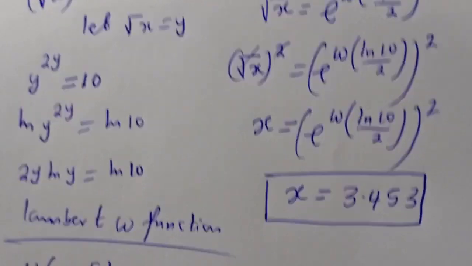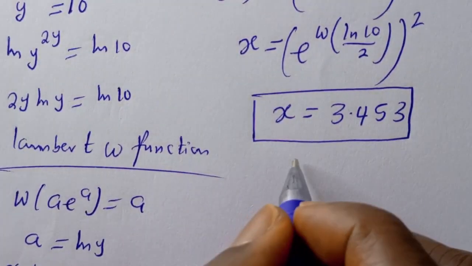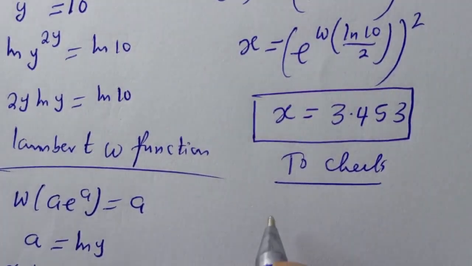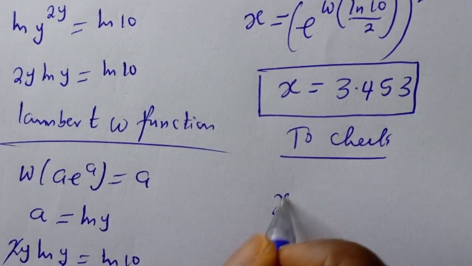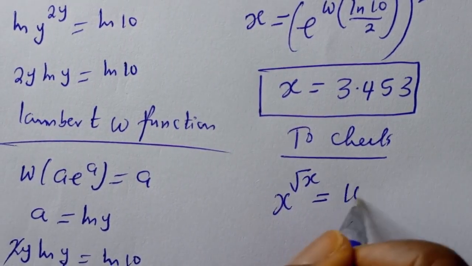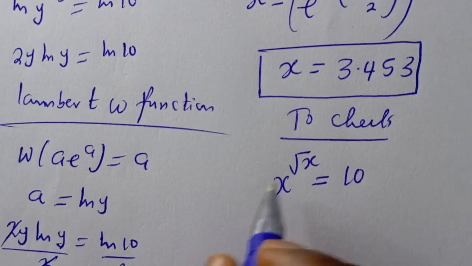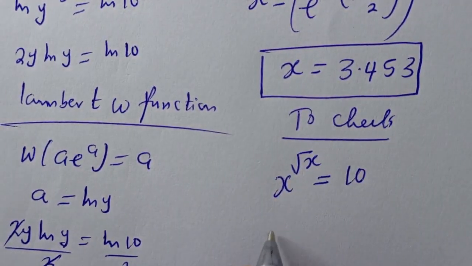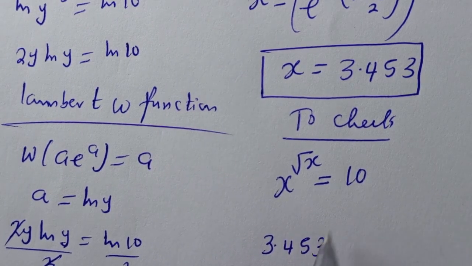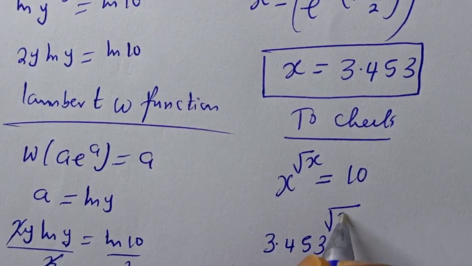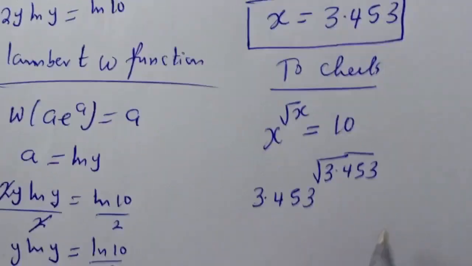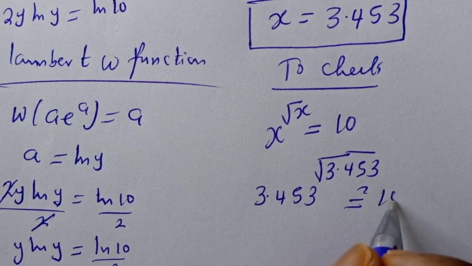We can check to confirm if our answer is right or wrong. To check, we have the given equation, s to the power of root of s is equal to 10. Then when s is this, we have 3.453 to the power of square root of 3.453 must be equal to 10.